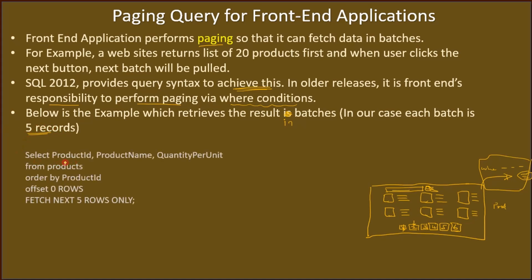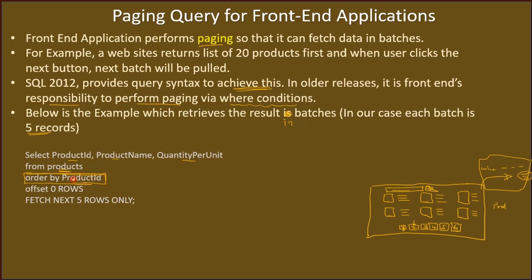If you see, what we are returning is product ID, product name, quantity per unit, and the table is the products table, from products, order by product ID. This order by is important for pagination to avoid random or repeated entries.